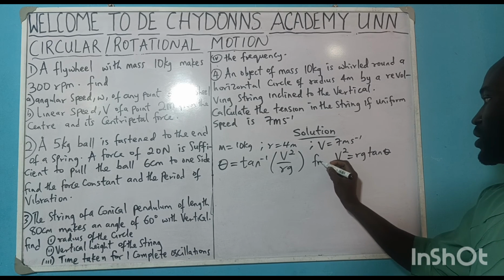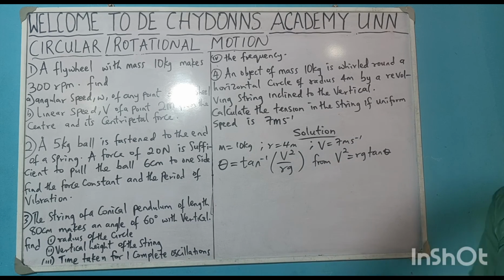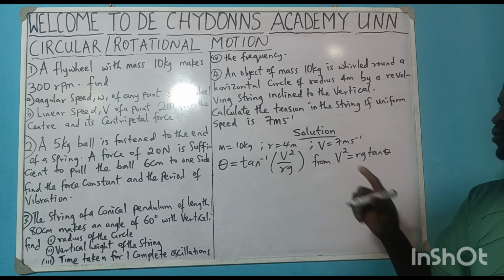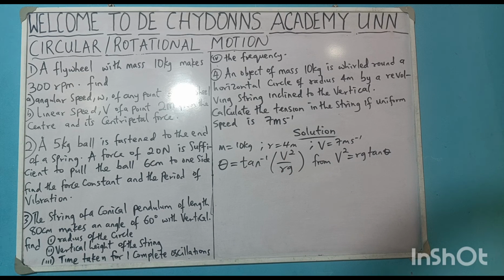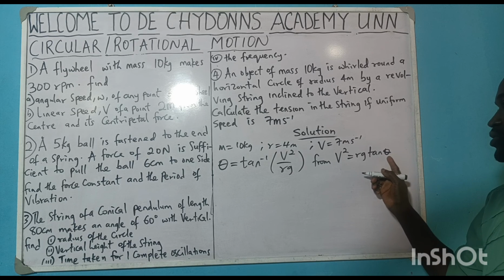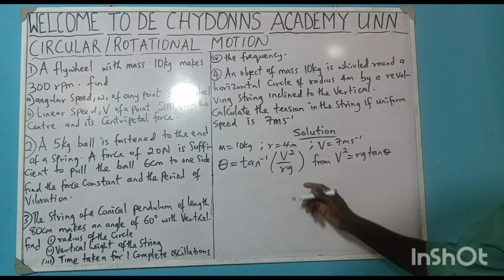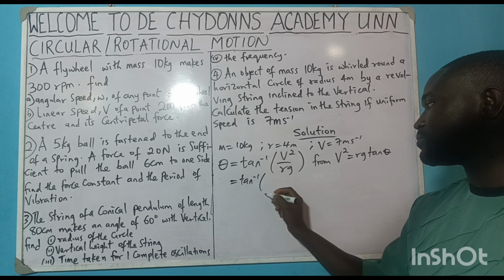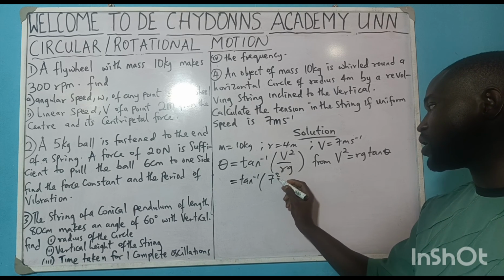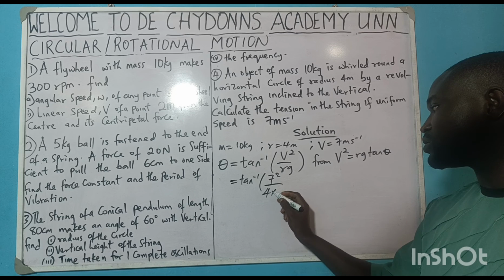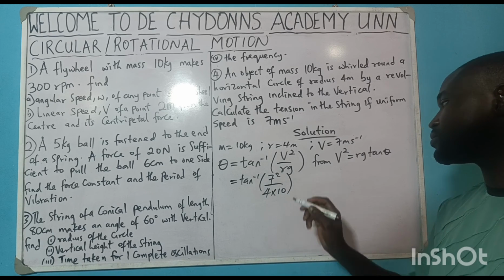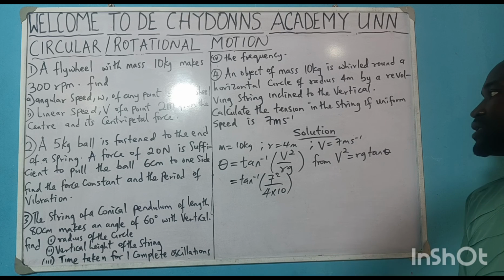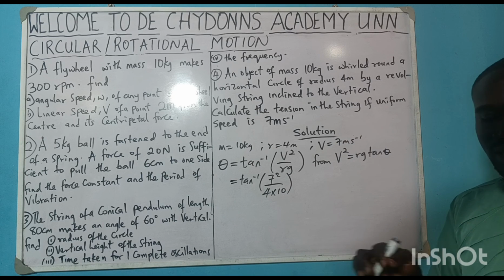From this formula, I made theta equal to tan inverse of V square over RG. That is how to make theta subject of formula. Then I'll be saying tan inverse bracket 7 square all over 4 times 10, taking G to be equal to 10 meter per second. The G is constant.